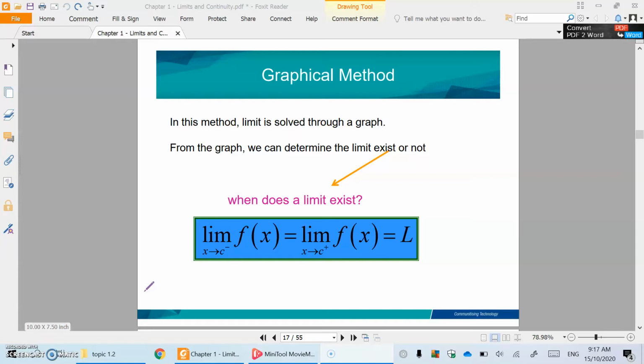How do we know whether the limit exists? We must consider the left side limit and also the right side limit. If the values exist and are the same, equal to L, then the limit exists.